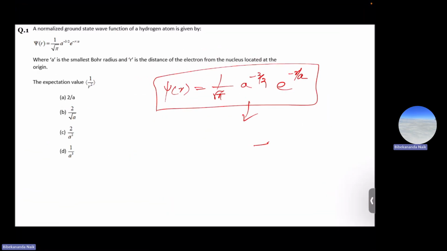So let's solve this one. We know in quantum mechanics, all the values are represented in terms of expectation values. There is a formula to calculate the expectation value.